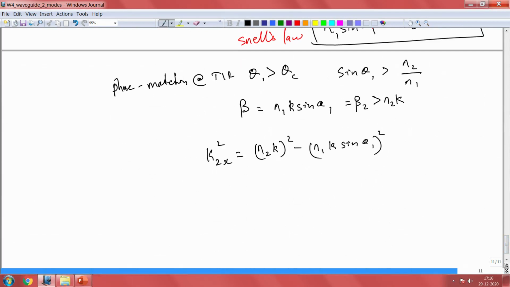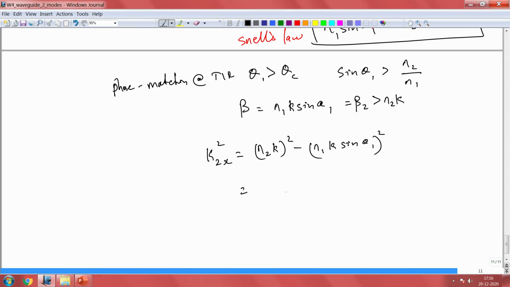So, now the question here is, your beta 2, which is greater than n2 k, won't be equal to the propagation constant you have here. So, this is going to be higher. Your n1 k sin theta 1 will be higher.